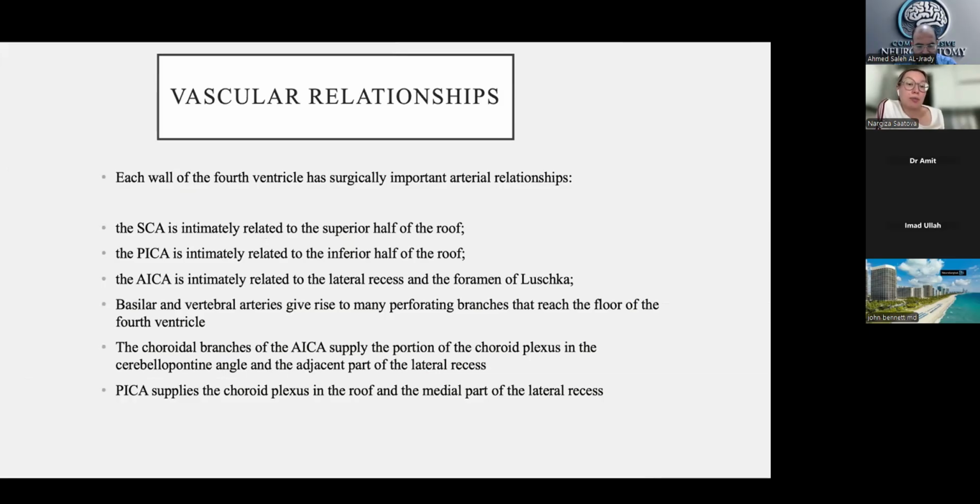The AICA is intimately related to the lateral recess and the foramen of Luschka. The basilar and vertebral arteries give rise to many perforating branches that reach the floor of the fourth ventricle. The choroidal branches of the AICA supply the portion of the choroid plexus in the cerebellopontine angle and the adjacent part of the lateral recess. And the PICA supplies the choroid plexus in the roof, the medial part, and the lateral recess.